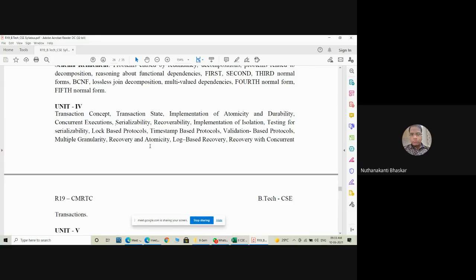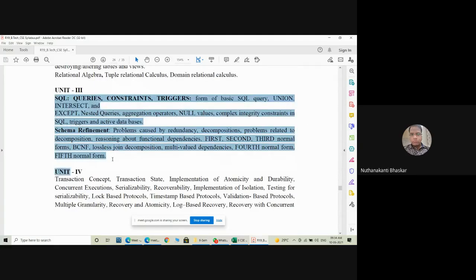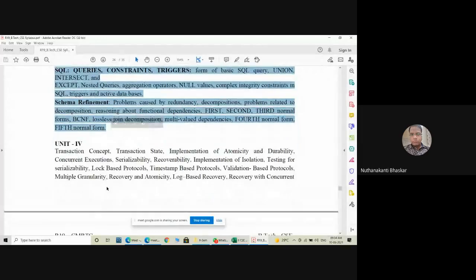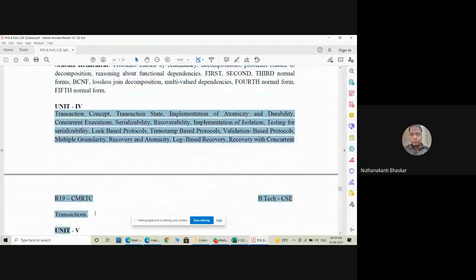Yes or no? Yes. Now after successful implementation of your database, there is a possibility of transaction management on your database.